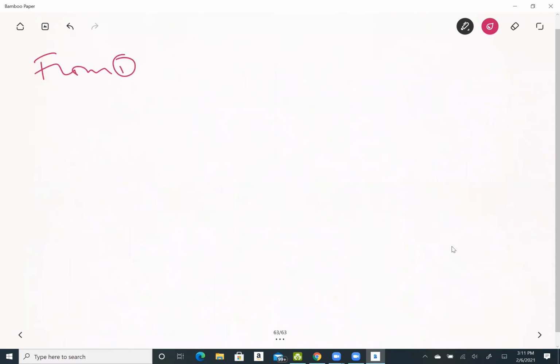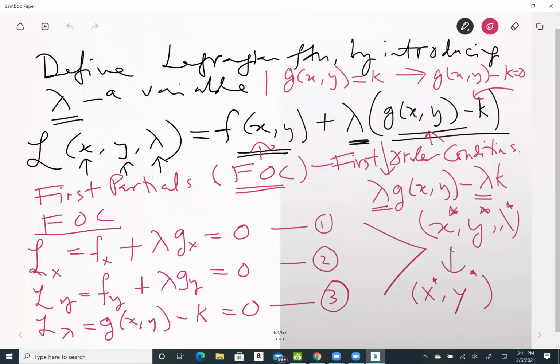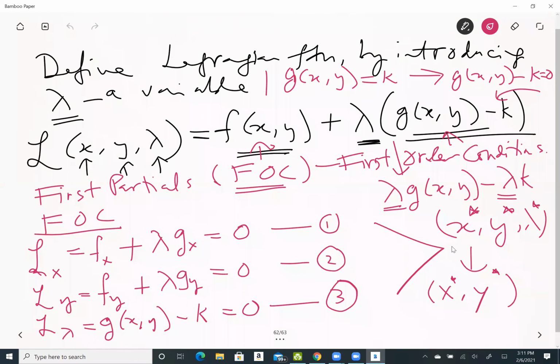From number 1, what is lambda equal to? You bring the fx and gx to the right. What is lambda equal to?